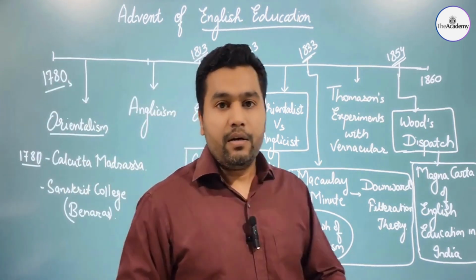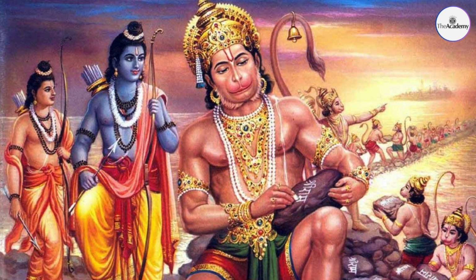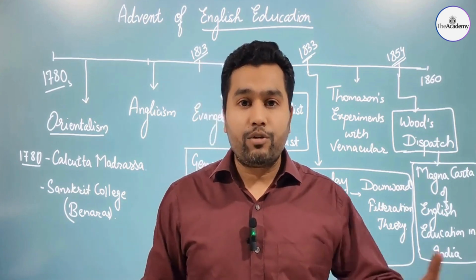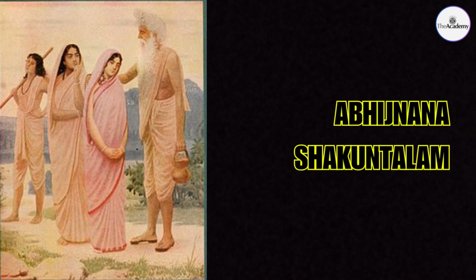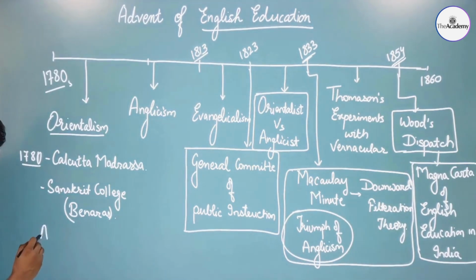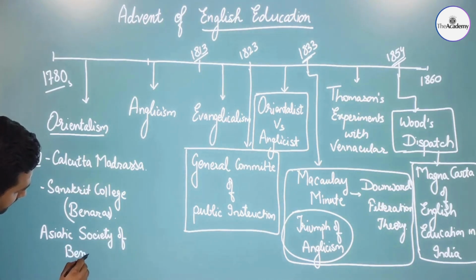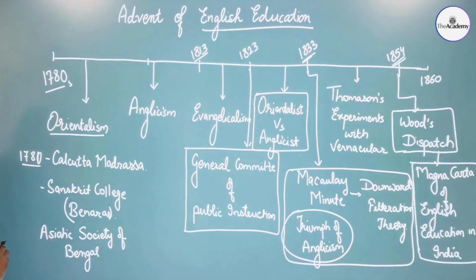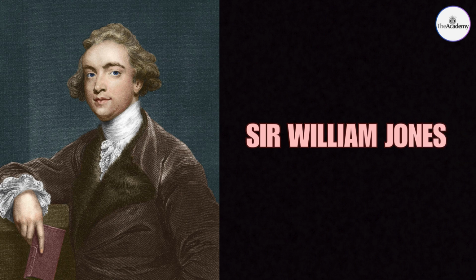So all Vedas, epics, Mahabharata, Ramayana, they were understood, translated in English. Hitopadesha, Manusmriti, Abhijnan Shakuntalam, all these were understood, translated. And then there was also the Asiatic Society of Bengal. It was established in 1784 with Sir William Jones as its head.